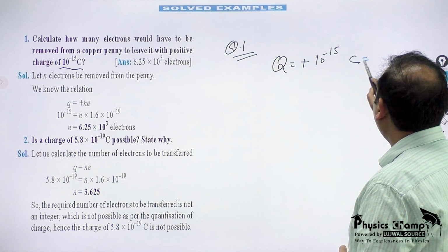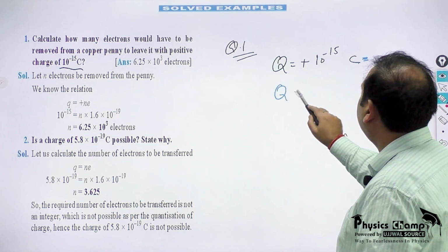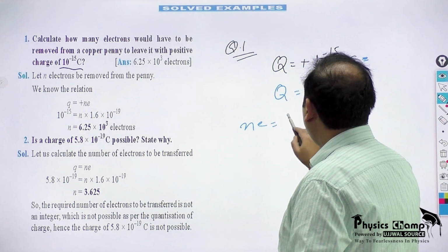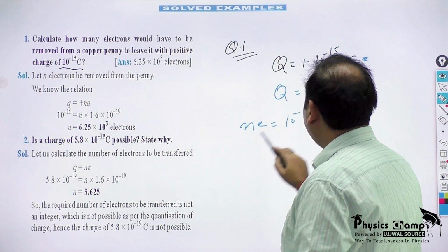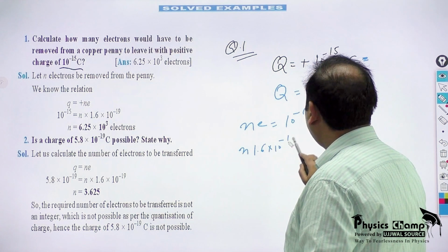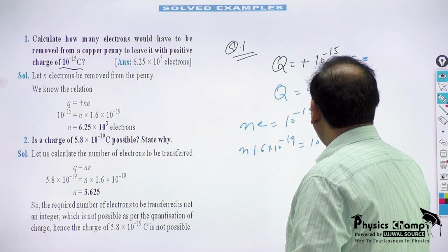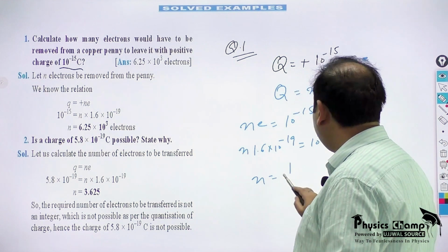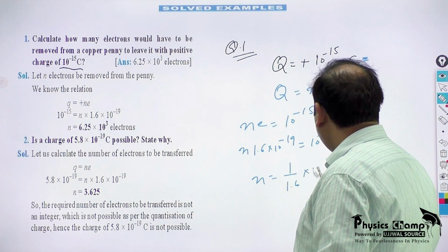So we have this relation Q is equal to Ne. I want Q as 10 to the power minus 15, and e is 1.6 into 10 to the power minus 19 coulomb. So N, the number of electrons, will be 1 by 1.6 into 10 to the power 4.